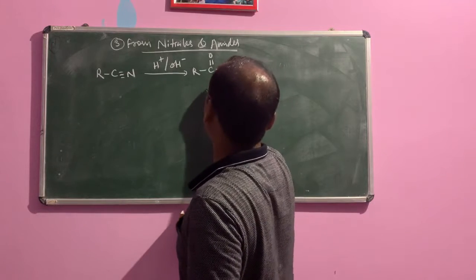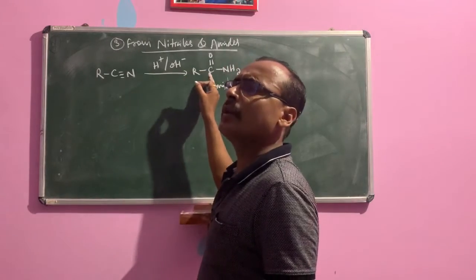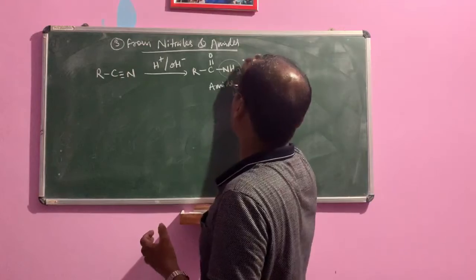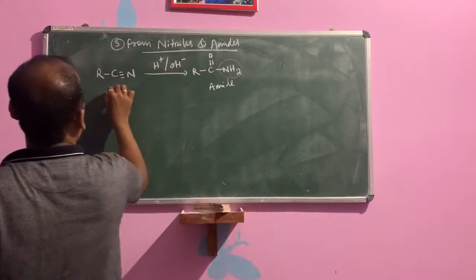This is your amide, an acid amide. That is one derivative of carboxylic acid, where OH is replaced and NH2 added. So it is a derivative. This is your nitrile to form amide.